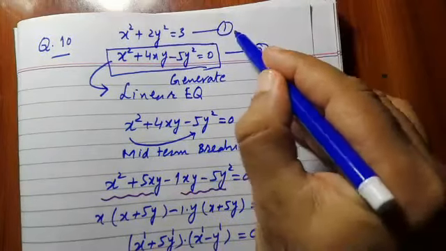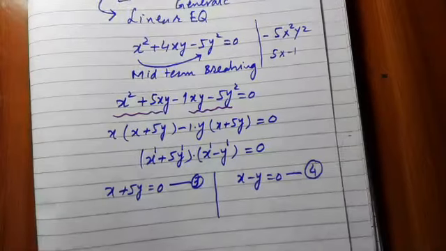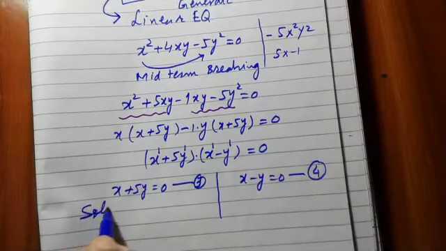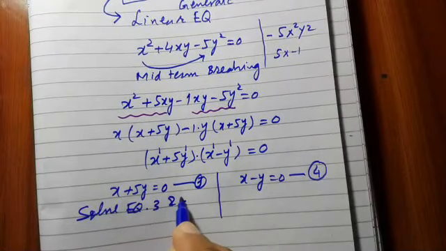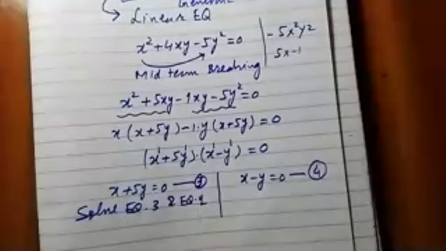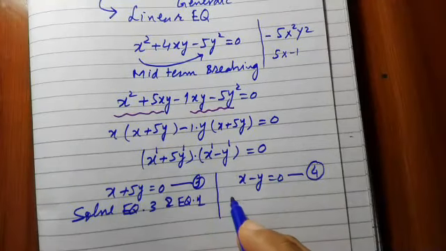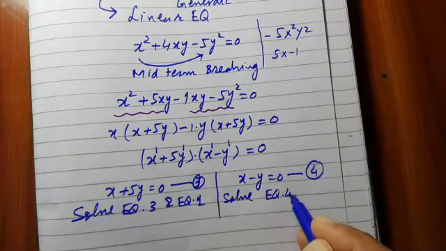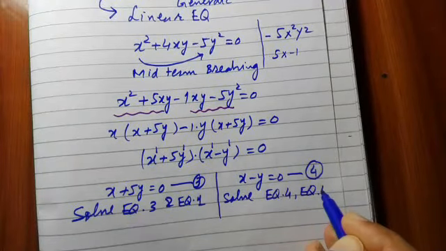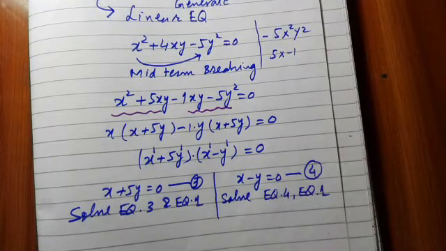We will solve equation number 3 and equation number 1, and we will find values of x and y. The same will be done: we will solve equation 4 and equation number 1 simultaneously, and we will find 2 values of x and y from this pair.